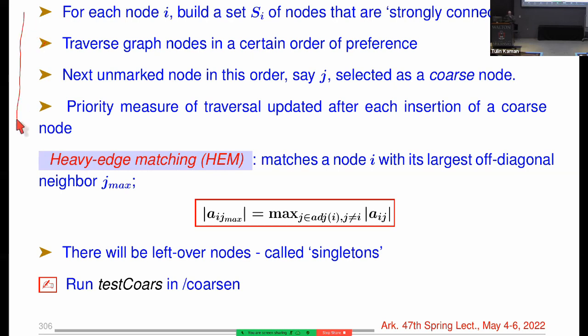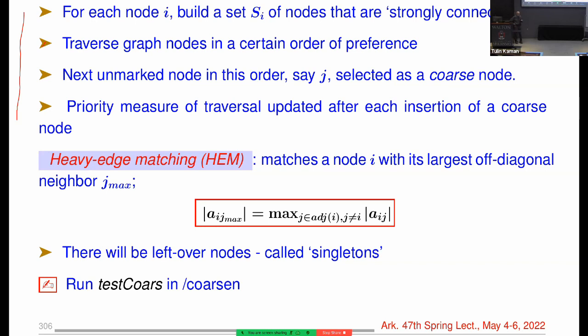For each node i, you build a set S_i of nodes that are strongly connected to i. You traverse the graph, taken from what is done in AMG, in a certain order of preference. The next unmarked node in this order, say j, is selected as a coarse node, and then the priority measure for traversing the graph is modified.